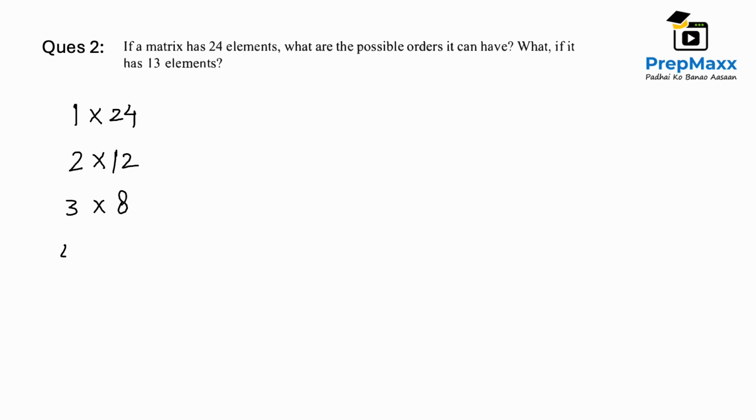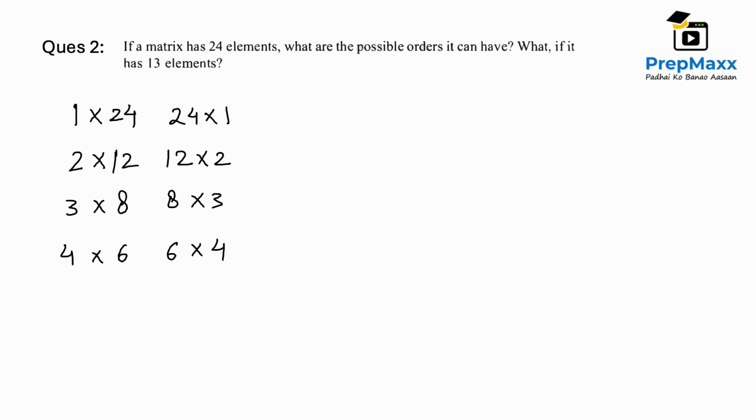We can have 4 rows and 6 columns, right? Or we can have 24 rows and 1 column. We can have 12 rows and 2 columns. We can have 8 rows and 3 columns, or we can have 6 rows and 4 columns.